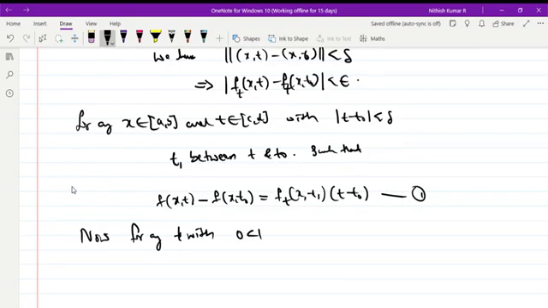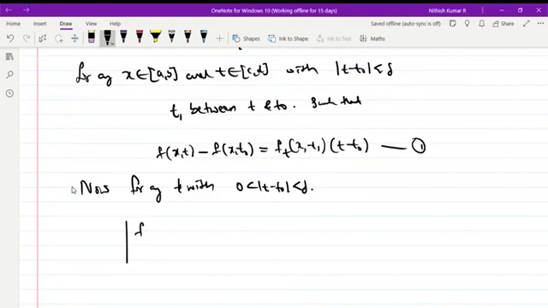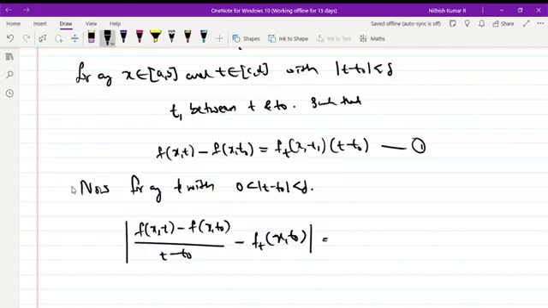Now for any t with 0 less than modulus of t minus t naught less than delta, we have modulus of f of x comma t minus f of x comma t naught, divided by t minus t naught, minus f suffix t of x comma t naught, is equal to, using this, f t of x comma t1 minus f t of x comma t naught.